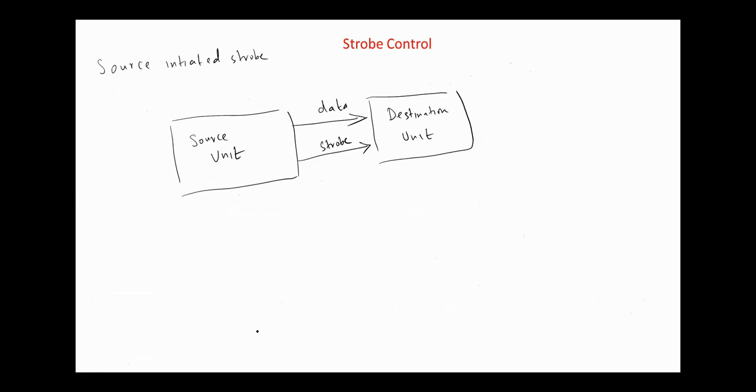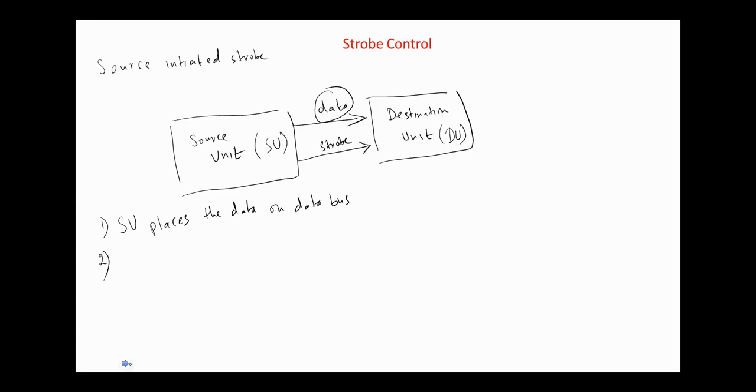First, we start with source initiated Strobe. The steps are as follows. First, the source unit places the data on the data bus here.